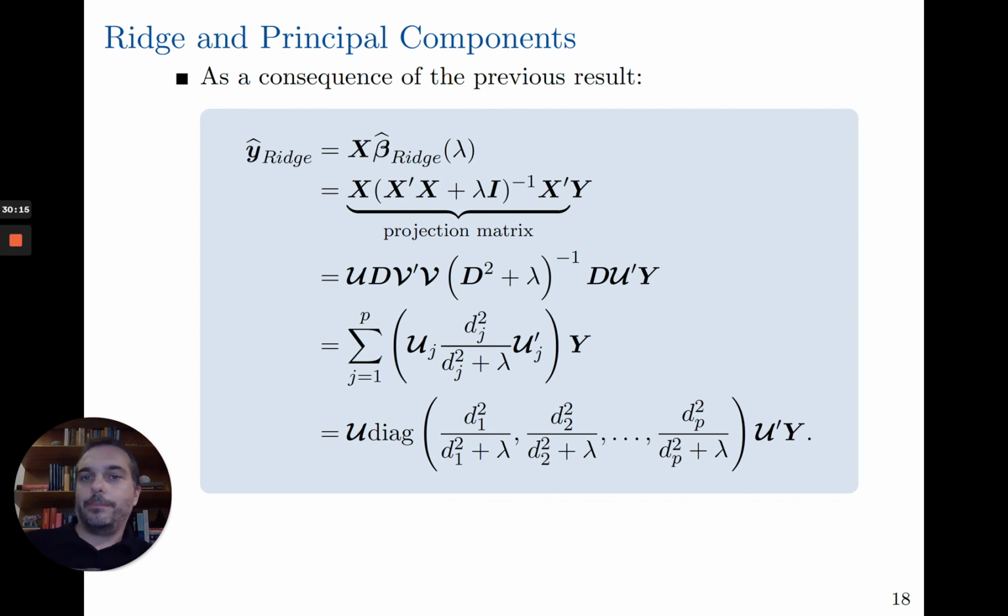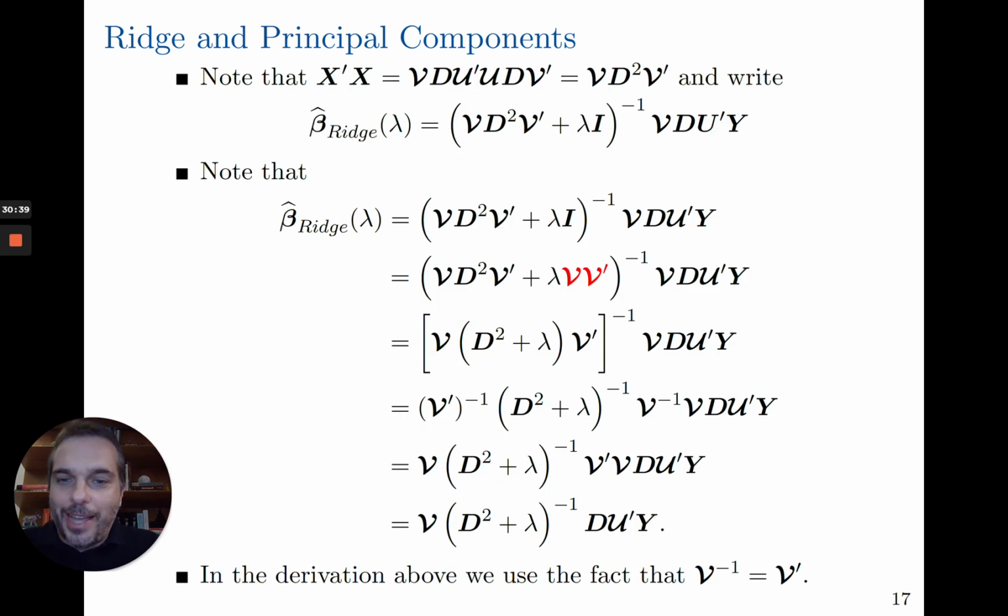Well, as a consequence of the previous result, we know that we can write the prediction of the ridge, y ridge, as X beta ridge. But what's beta ridge? The expression on the second line in the slide. We can replace beta ridge by the expression from the previous slide.